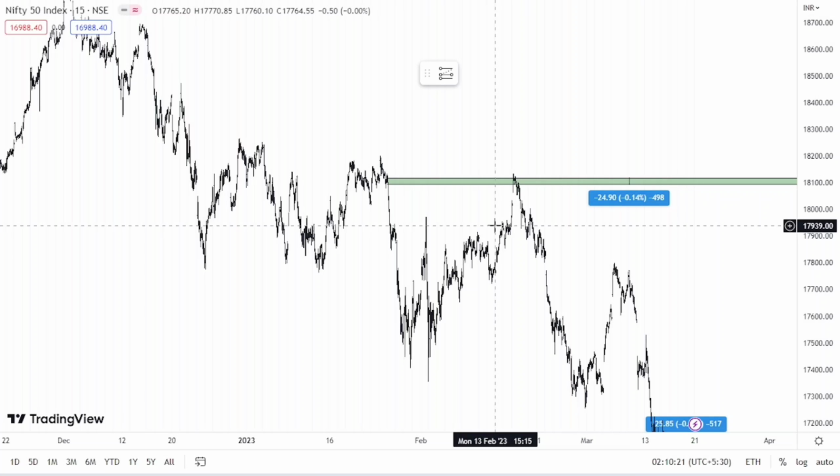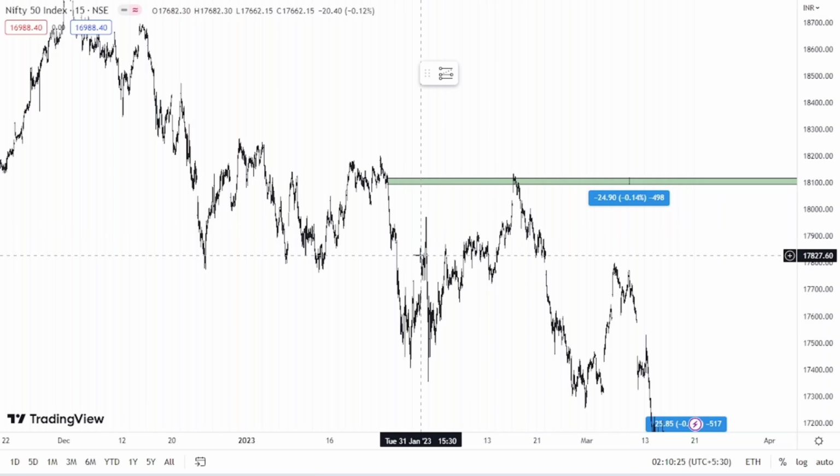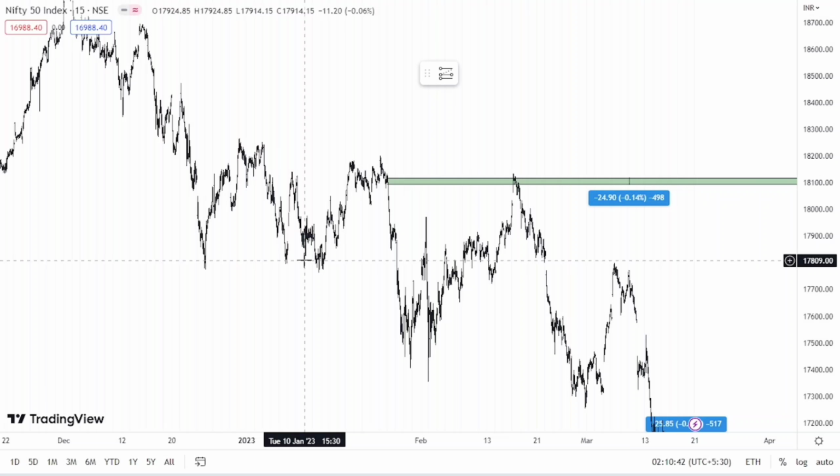I already told you, look back at the previous candle, mark the high and low, and extend the line to some point. In the future, the price may test the demand zone, or it may test the supply zone. You may have a buying opportunity or selling opportunity in that place. This is one of the basic and important places.